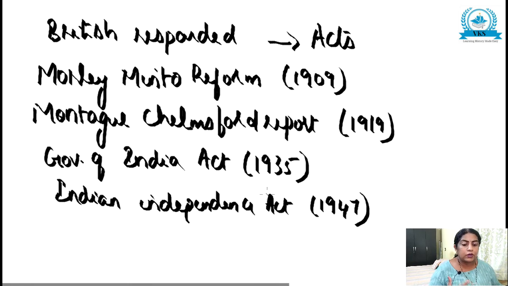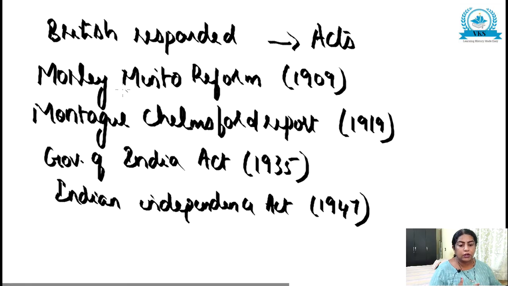All these were the important acts through which the British responded to the Indian National Congress demand for independence. Morley-Minto Reform 1909, Montague-Chelmsford Report in 1919, Government of India Act 1935, and Indian Independence Act 1947. All these were the important acts in the evolution of the Indian Constitution.